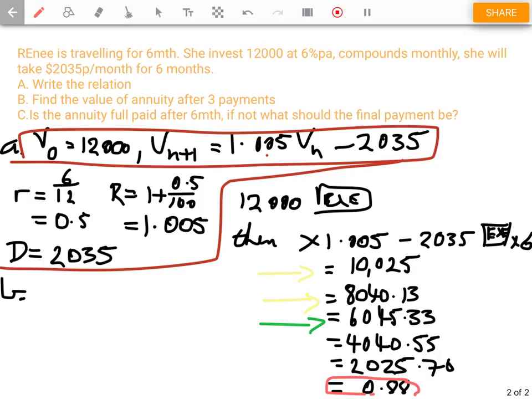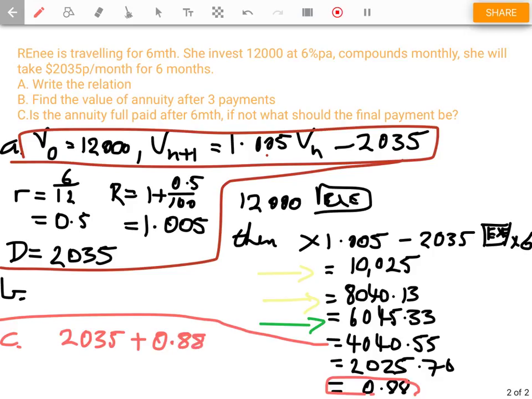So instead of 2035, the answer to part C is 2035 plus 88 cents, which is 2035.88, so that it's fully paid down in the 6 months.